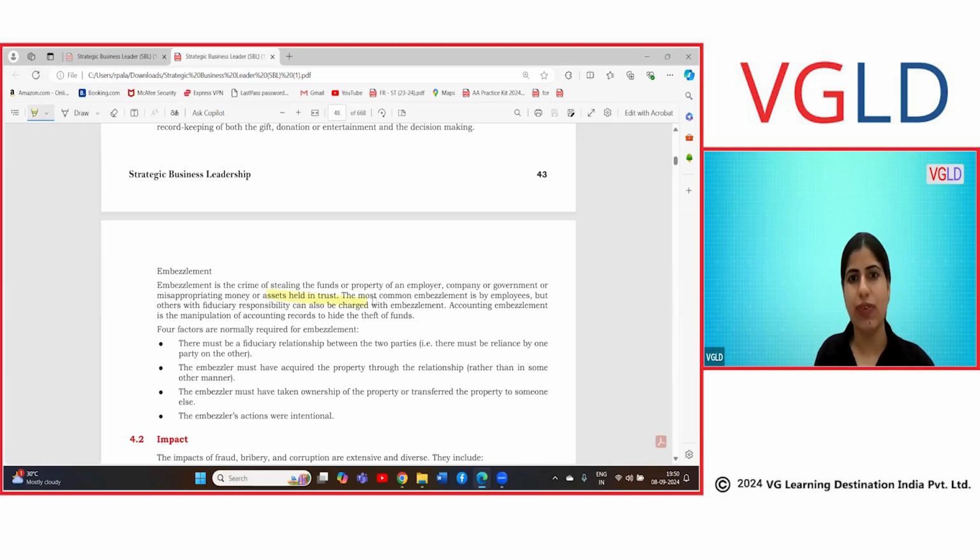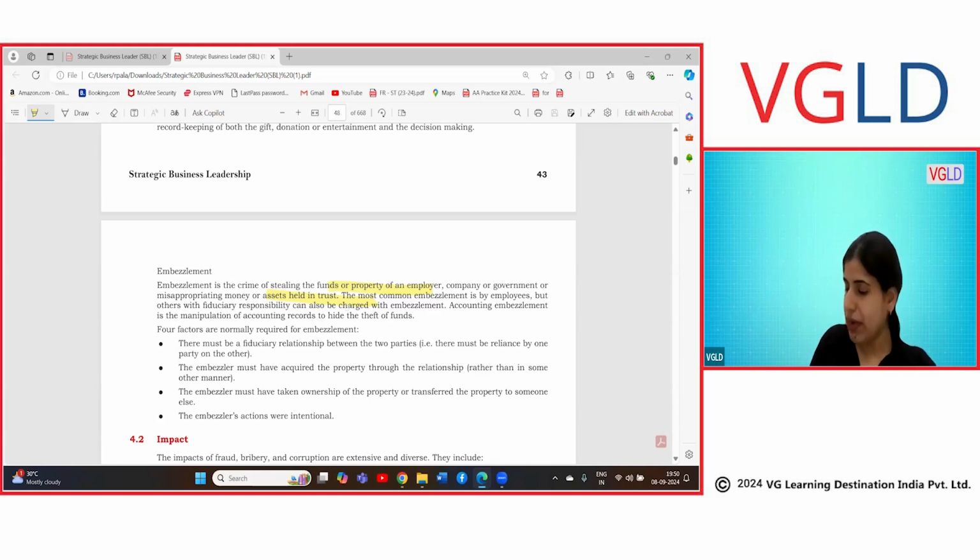Embezzlement is stealing of funds or property, maybe of an employer, maybe anyone else. These funds, these properties were with me on the basis of trust. And mostly employees do that. In case of companies, directors also do that because they have the authority to make decisions about the funds of the shareholders, and they are in a position to embezzle the funds of the company.